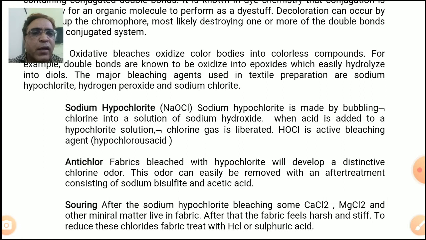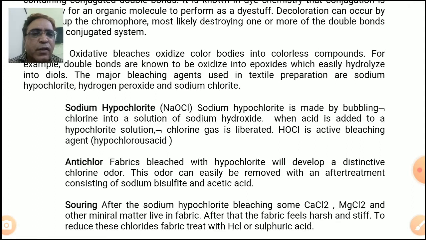When we provide acidic conditions, HOCl, hypochlorous acid, is formed. This is the instant bleaching agent, developed for the purpose of bleaching, which removes the color and decolors the fabric.